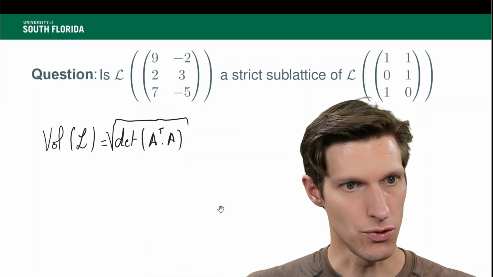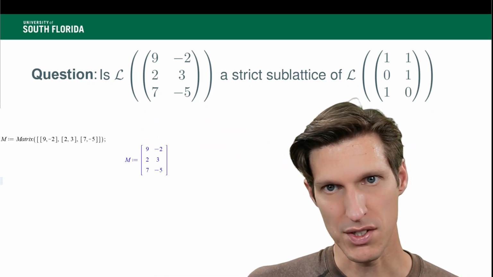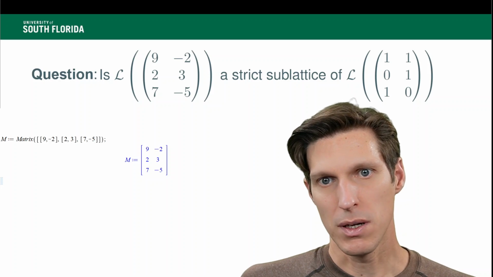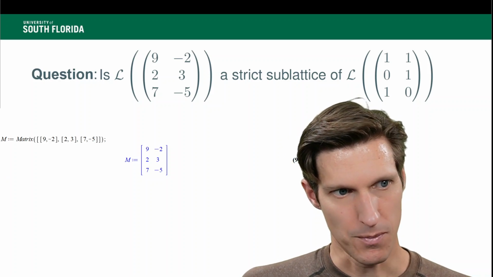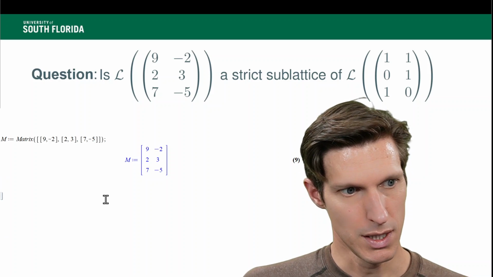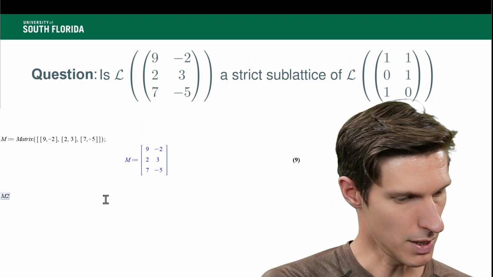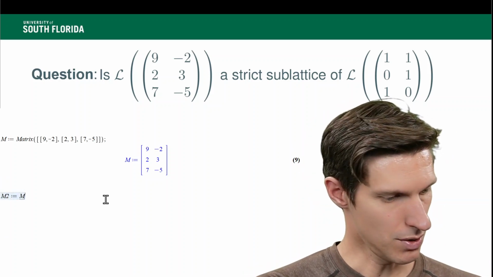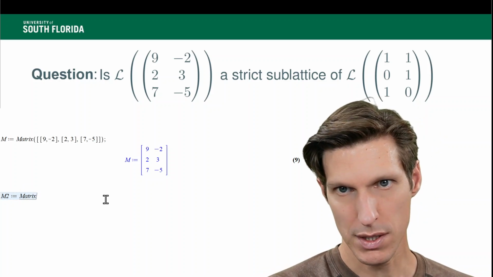For that, I'm just going to use Maple because I'm being a little lazy. So here is my one matrix here, and then I'm going to define M2, which is going to be the other matrix.